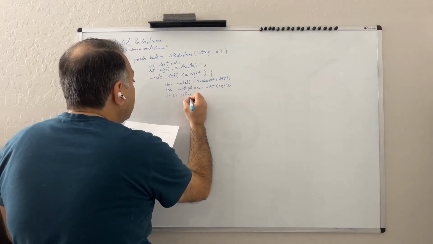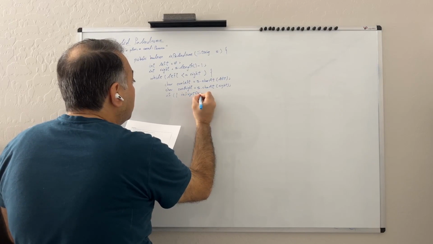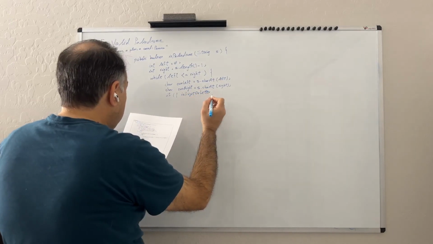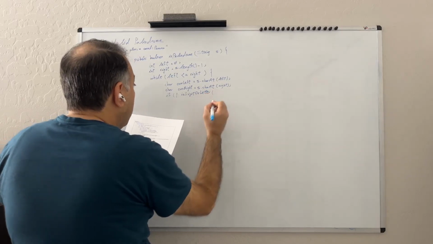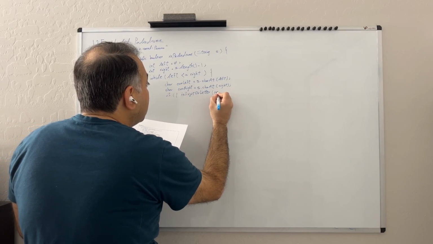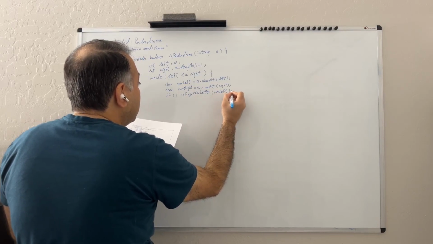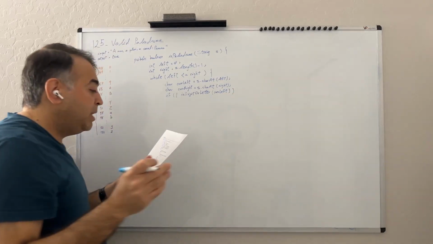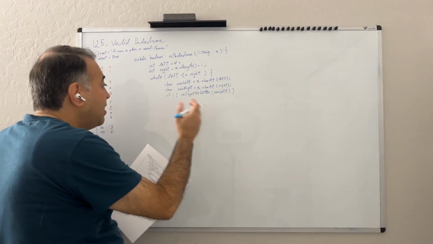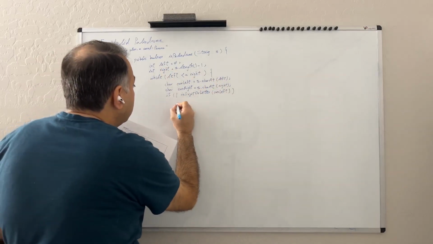Is digit or letter? And I'm passing the character left. If it's not a digit or letter, as I showed you, I can skip the character and move the left pointer one to the right.